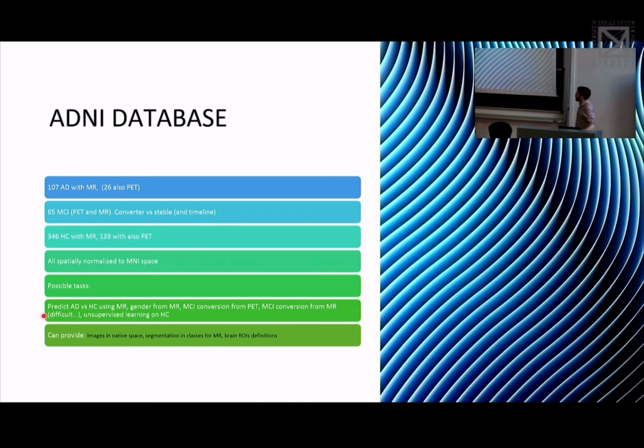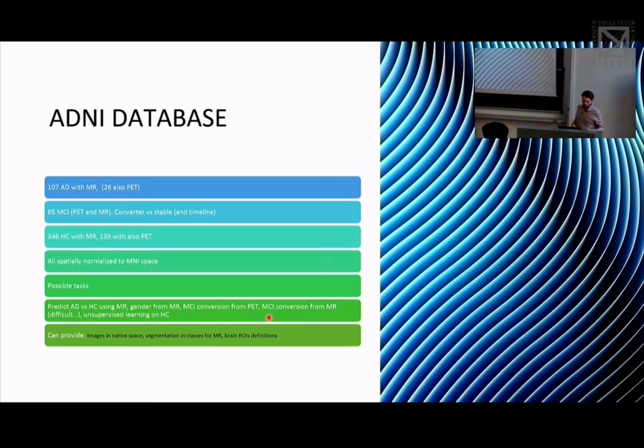And you can really do lots of tasks. You can predict who is Alzheimer's and who is a healthy control using MR. You can try to predict the gender of healthy controls from MR, or the probability of mild cognitive impairment conversion from PET, or even the probability of conversion from MR images, but that's difficult.